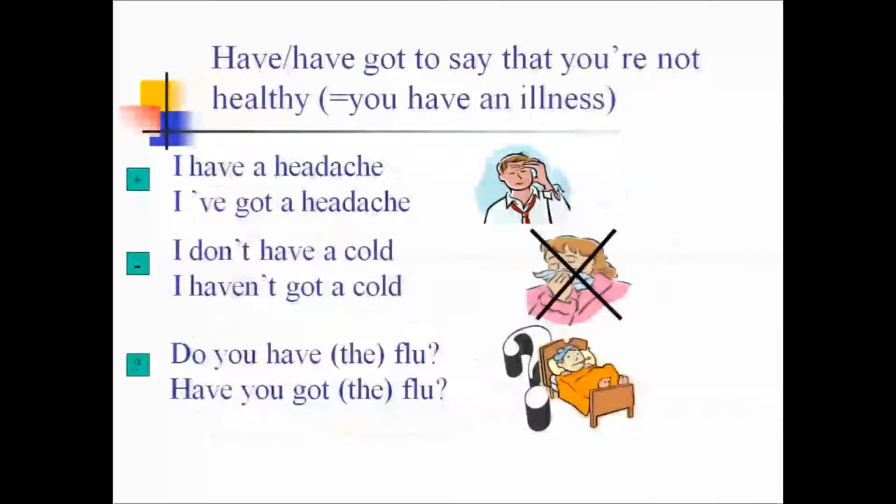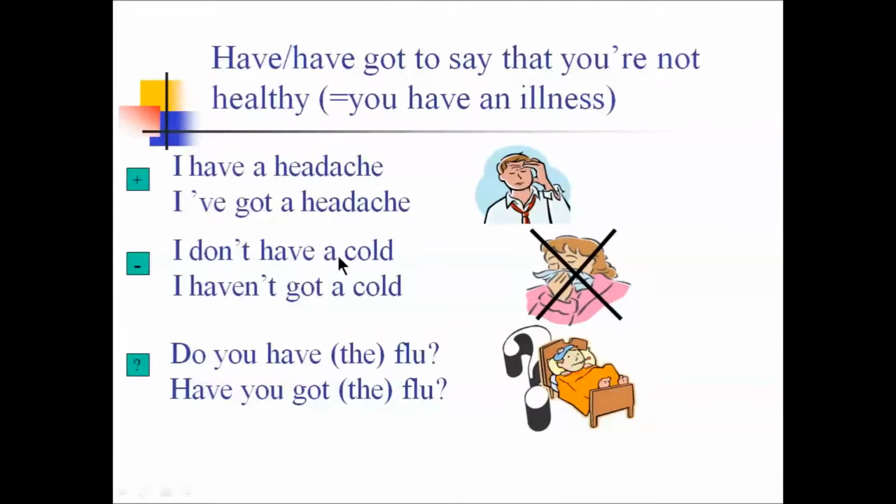Okay, now everyone, in each pair, these two sentences have the same meaning. You use have or have got to talk about something related to your health. For example, I have got a headache, or I have a headache, and I don't have a cold, or I haven't got a cold.